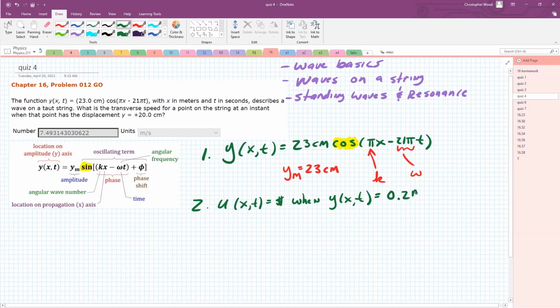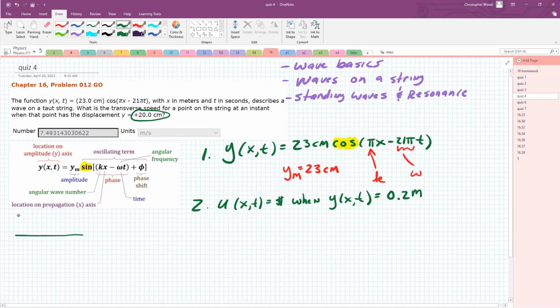I'm going to convert from centimeters to meters right away because I need meters per second as my answer. So this is the question: what's my transverse wave velocity at that location?